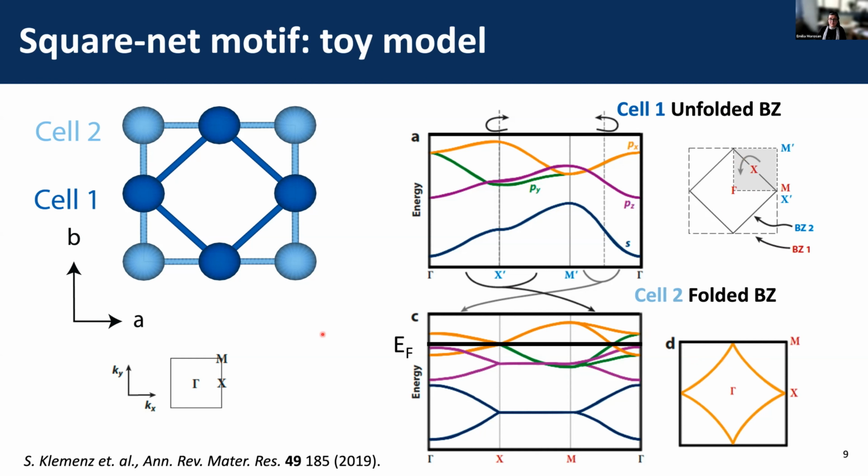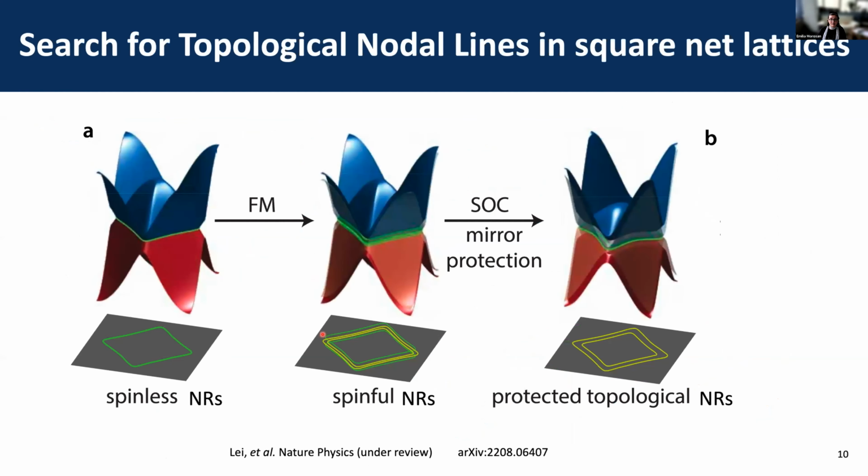And that seems to be the case in europium gallium-4, where we have the square net that gives rise to spinless nodal rings. In the case of just a simple square net, you would expect spinless nodal rings. But if you introduce magnetic order and a spin polarized or ferromagnetic state, then you get two sets of spinful nodal rings.